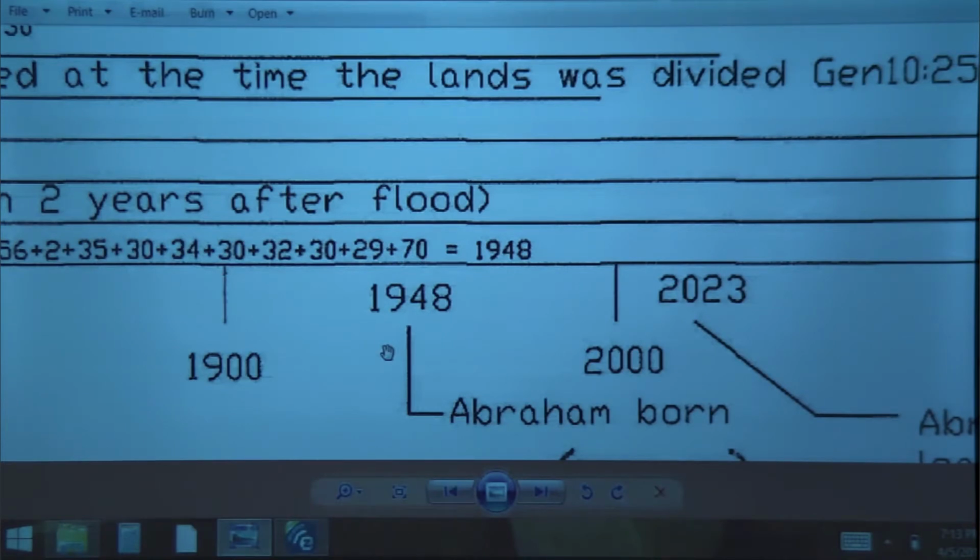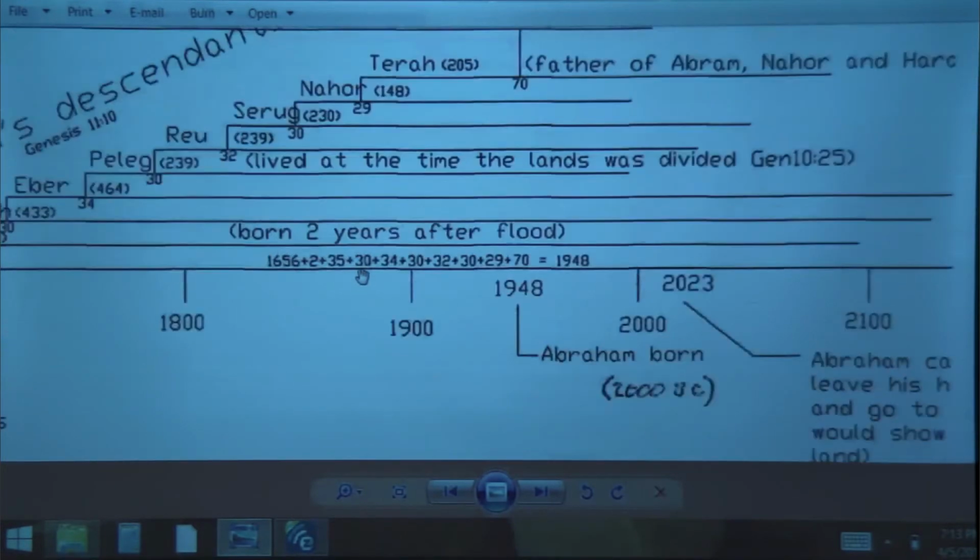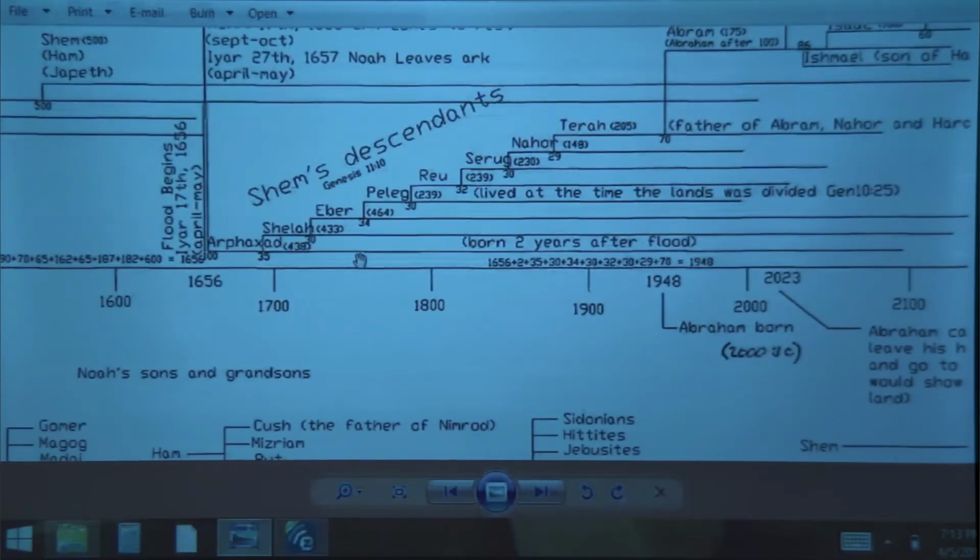That's a pretty amazing coincidence, isn't it? So he was born in 1948. His nation was reborn in our timeline in 1948. So that must be just coincidence. That was roughly about 2000 or 2050 BC.